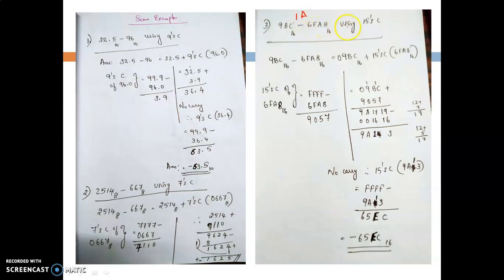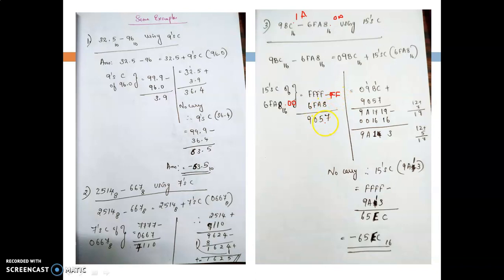FF.FF minus 6FA8.00, because here you have to consider it as 6FA8.00.